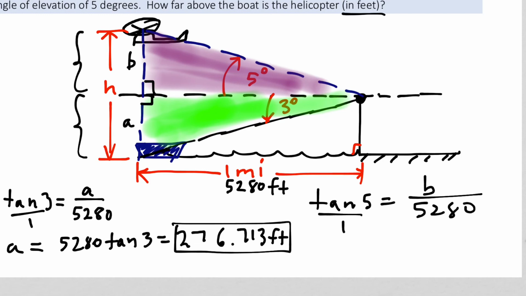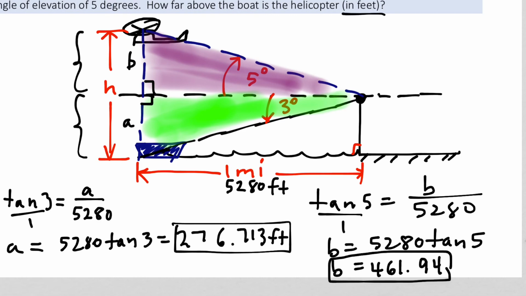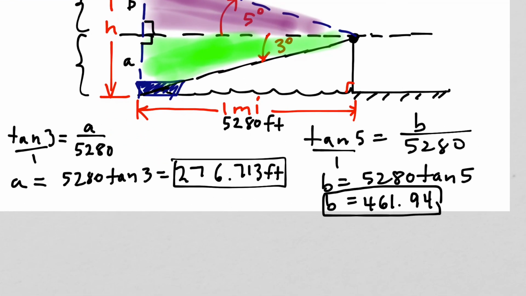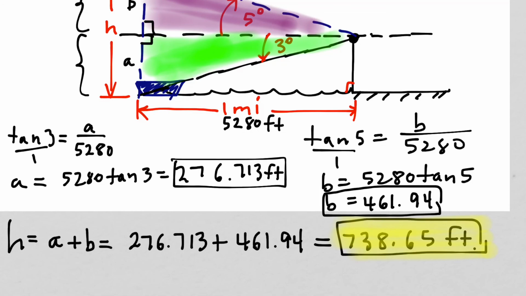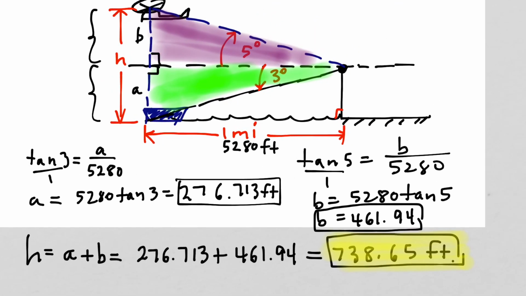So B times 1, which is B, is equal to 5,280 tan 5. Typing that into the calculator, I get B equals 461.94 feet. So I add those 2 numbers together. H is equal to A plus B, and I get 738.65 feet, which is the distance from the boat to the helicopter.